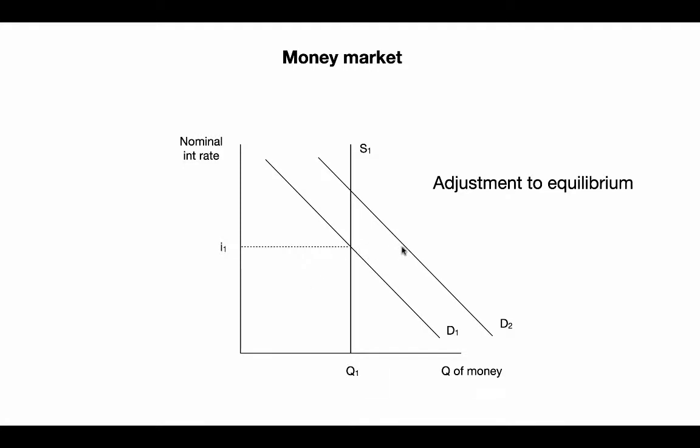Now think about what's going on here when there's an increase in demand for money. Basically, people are trying to hold more money in the aggregate, and there's only this much money out there. Remember, the Fed is controlling this quantity of money here. And so if everyone's trying to hold more money, there's not enough money for everyone to hold at the previous interest rate. So what's going to happen is that as people try to increase their money holdings, they sell off other assets.